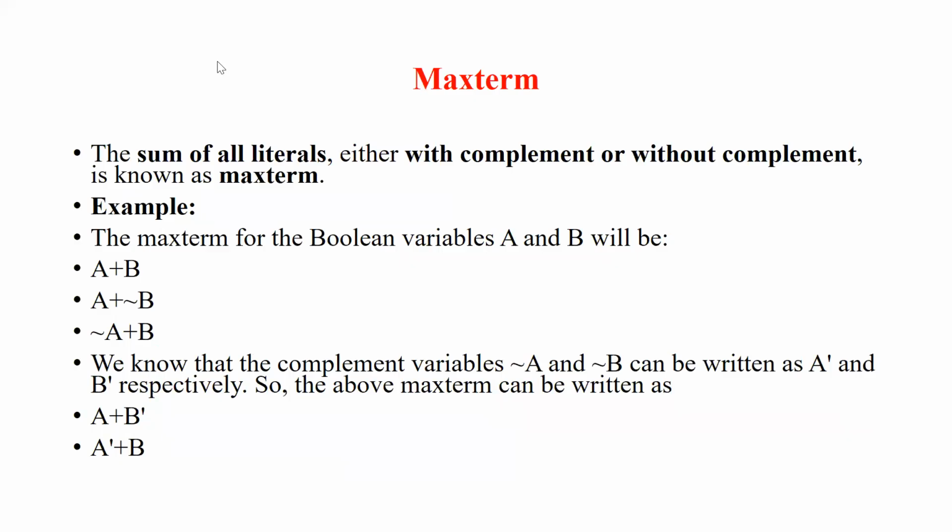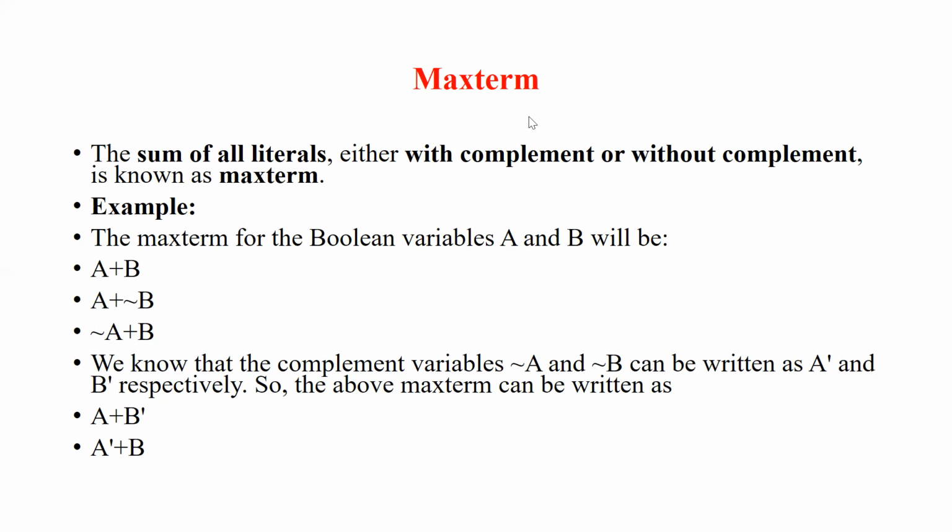Next comes, min term is over. Next is your max term. Okay, so max term is, see, min term was the product of all literals. Now max term is the sum of all literals with or without complement. So that is called a max term. So suppose A plus B, there is a sum. So A and B are literals, so there is a sum of literals.